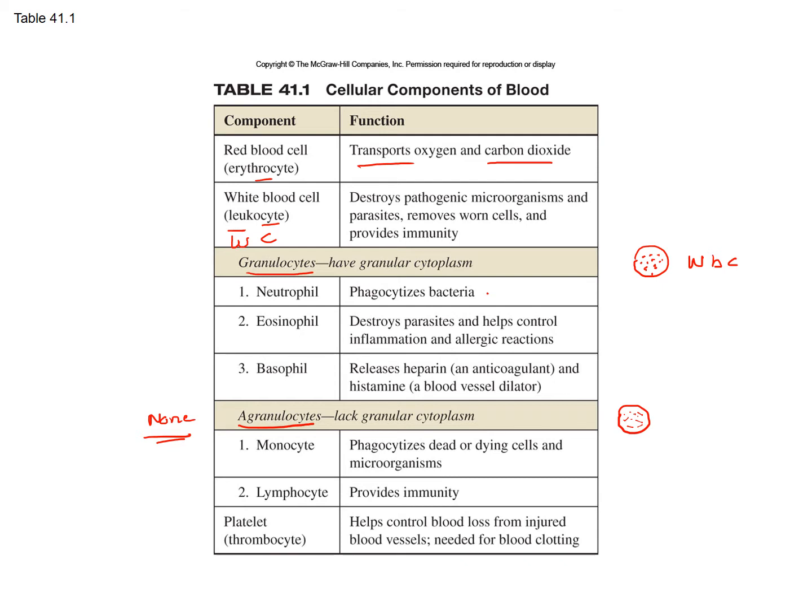And these are the most abundant white blood cells in the blood. When you take a blood sample, you're going to find neutrophils making between 40 to 70% of all the white blood cells.